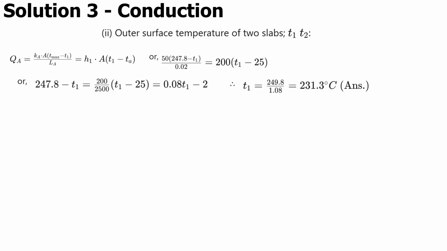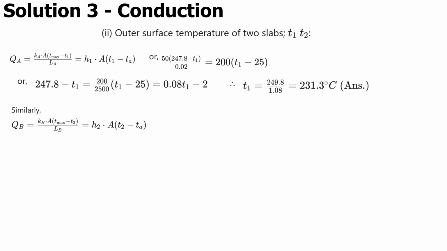Similarly, let's find T2. The heat flow through slab B, QB, can also be expressed as conduction from Tmax to T2 or as convection from T2 to the ambient air, TA.